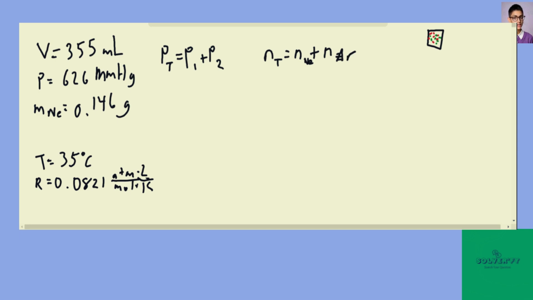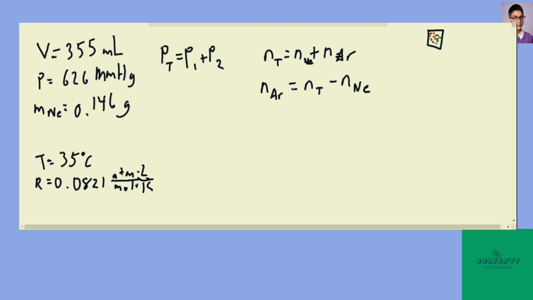We can actually say this because the partial pressures are going to be directly proportional to the number of moles. So if we rearrange this equation, we can find the moles of argon by simply taking the total number of moles and taking away the moles of neon.